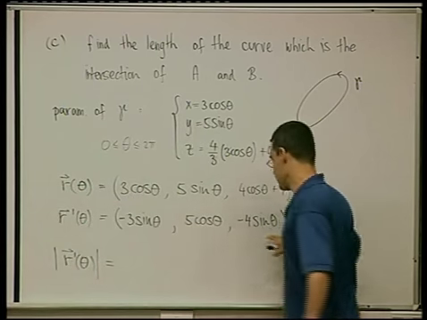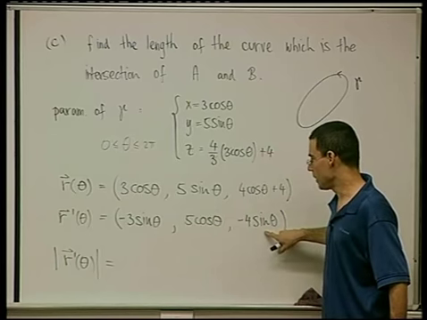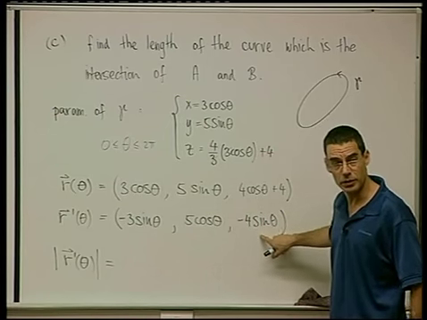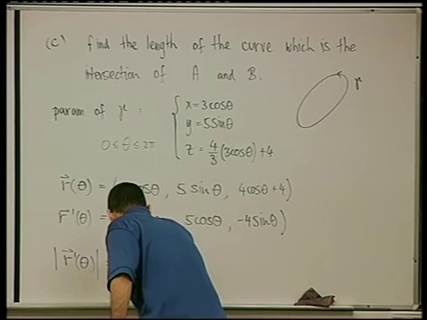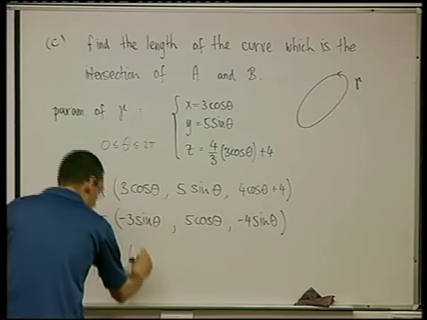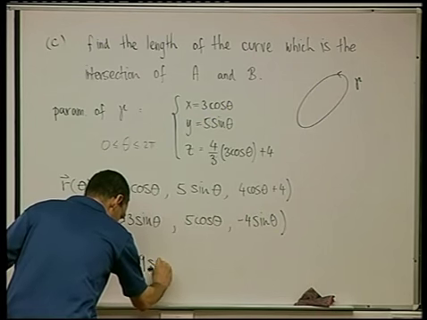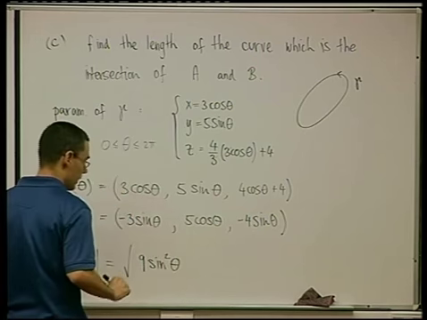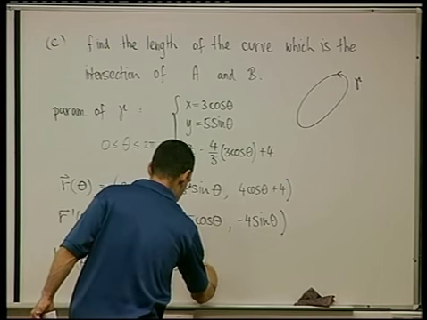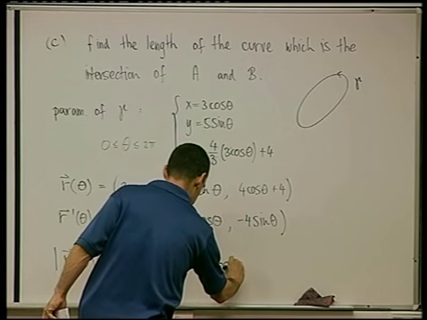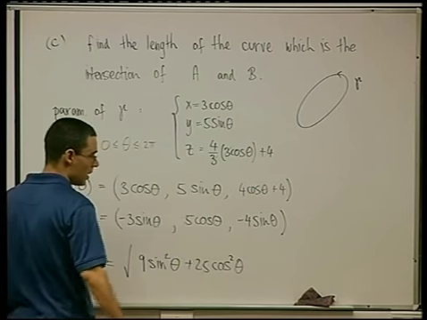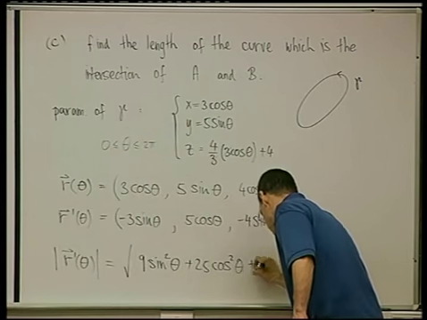So the length of a vector is the square root of the sum of the squares of the components. So it's the root of 9 sine squared plus 25 cosine squared plus 16 sine squared.